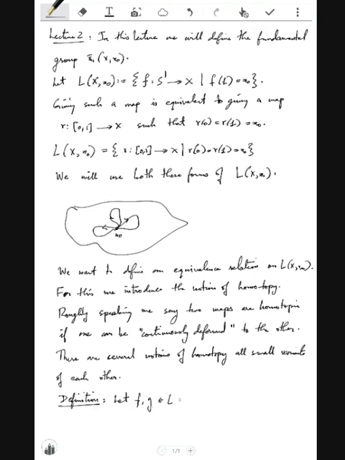Let f and g be loops at x0, we say f is homotopic to g if there is a map F from S1 cross I to x such that F restricted to S1 cross 0 is f, F restricted to S1 cross 1 is g, and for all t in I, F restricted to S1 cross t is also a loop at x0.